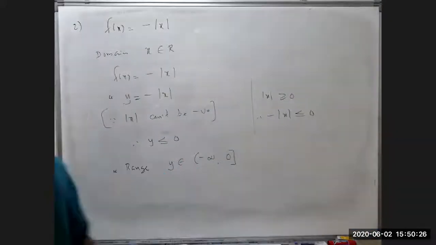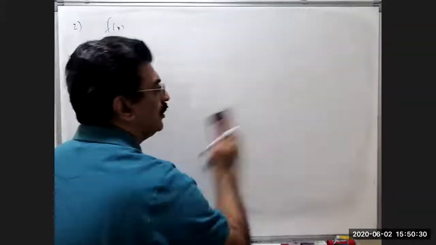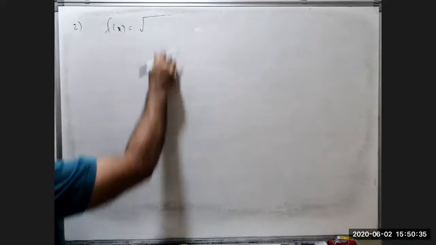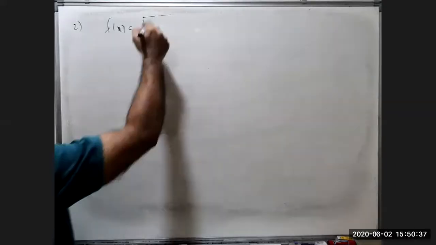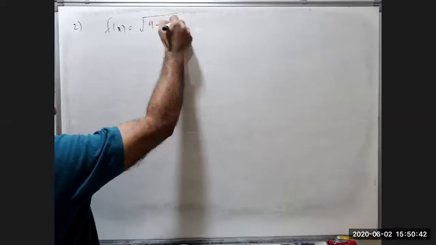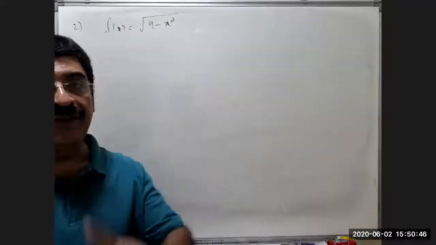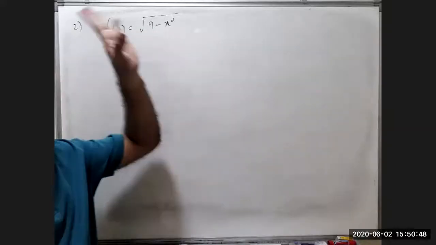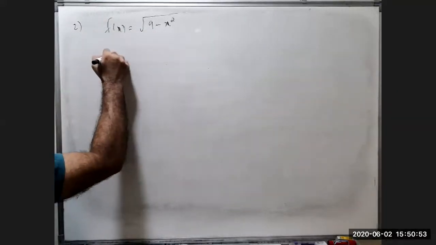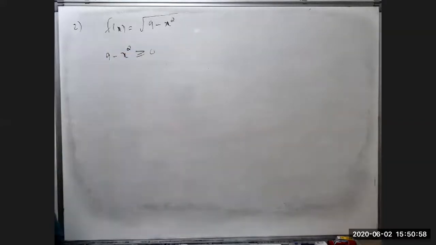Next one, f of x is equal to root of 9 minus x squared. We discussed it: if it is a radical sign, for the x values, very clearly this 9 minus x squared must be greater than or equal to 0.